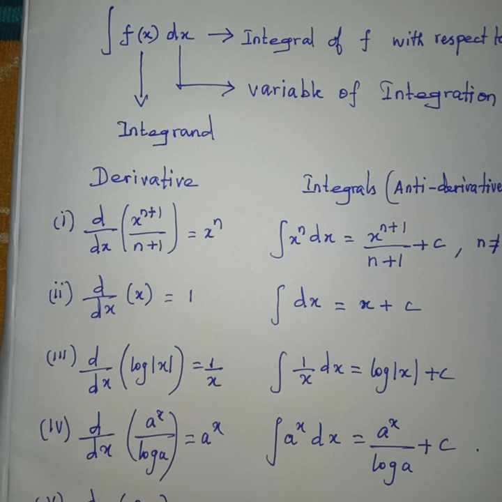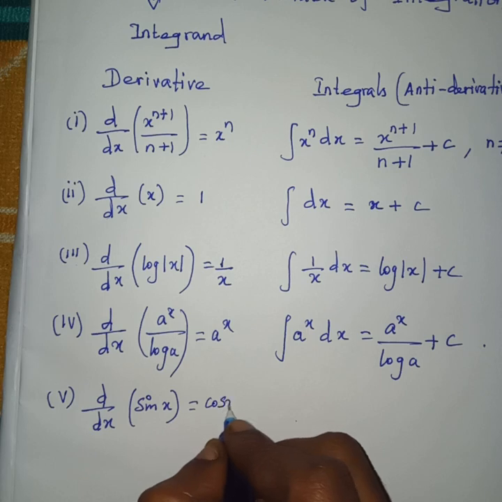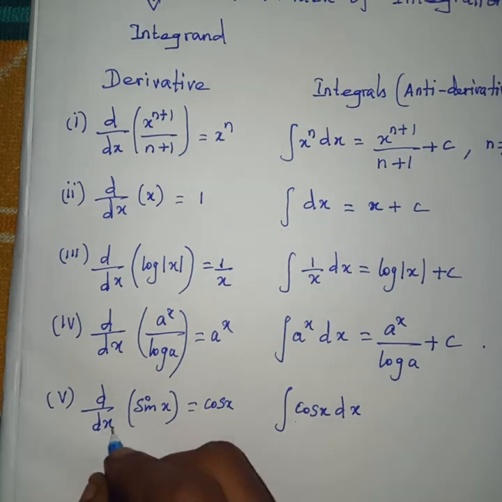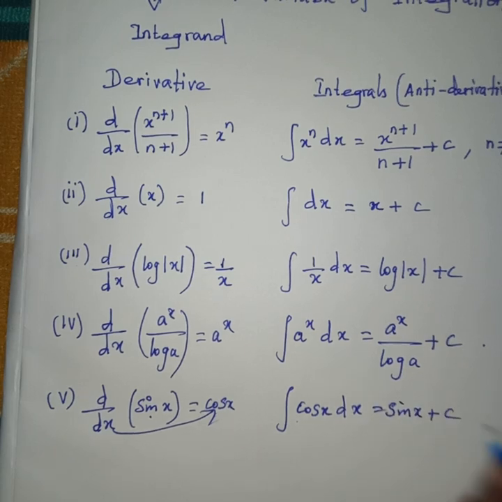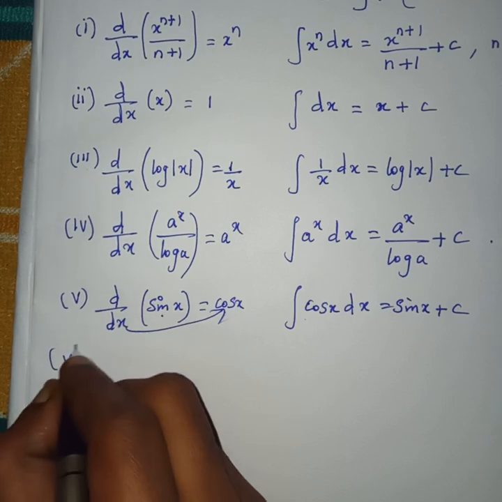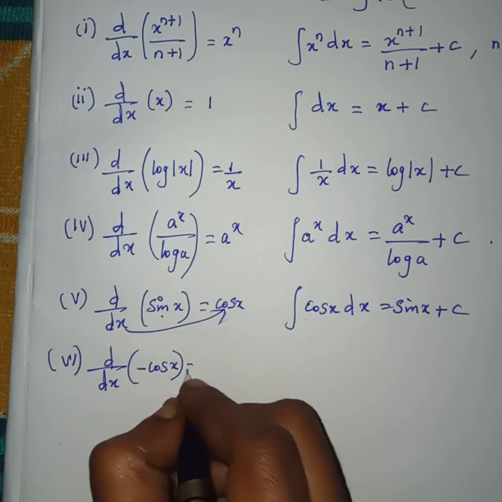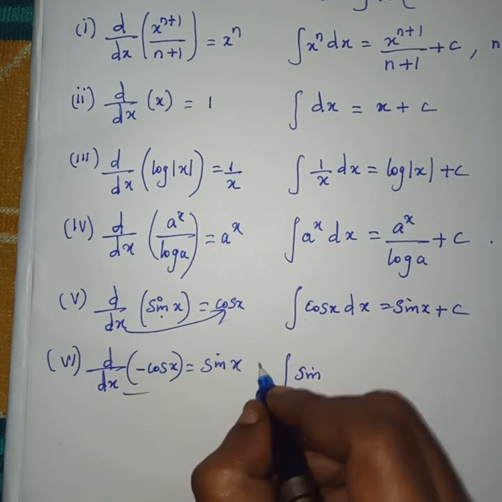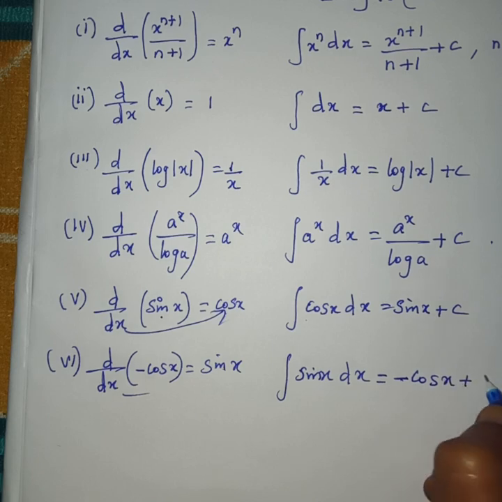Now we are going to see the formulas for trigonometric functions. The fifth: d by dx of sin x is cos x, so the integral of cos x dx equals sin x plus c. The sixth: d by dx of minus cos x is sin x, so the integral of sin x dx equals minus cos x plus c.